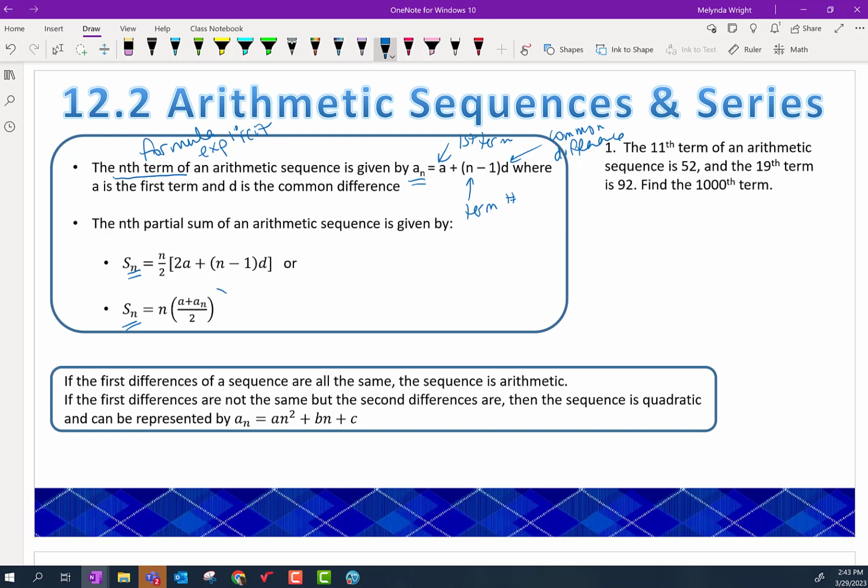So this a sub n is the last term being added. It's the actual term, whatever the term is. Let's say 7 is the last term, then you'd put a 7 there. N is the number of terms being added.